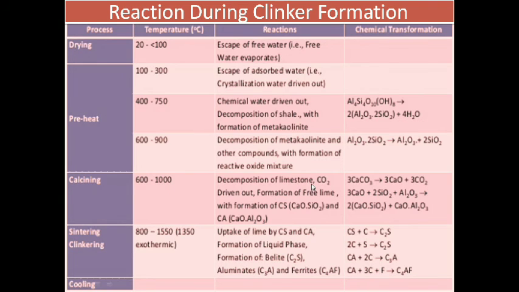Then the calcining at 600 to 1000 degrees Celsius. During this calcining, there is decomposition of limestone, that is calcium carbonate, into calcium oxide. CO2 is driven out at that time, with the formation of free lime, that is calcium oxide, and SiO2, and CaO and Al2O3.